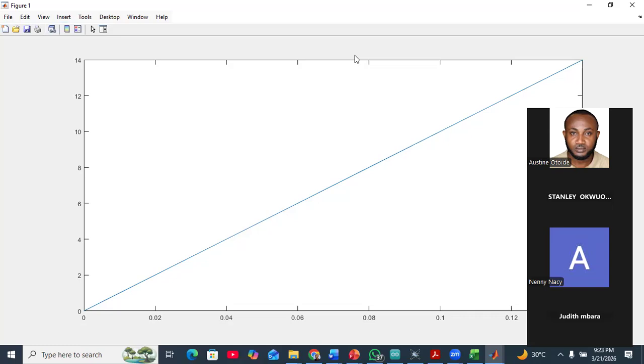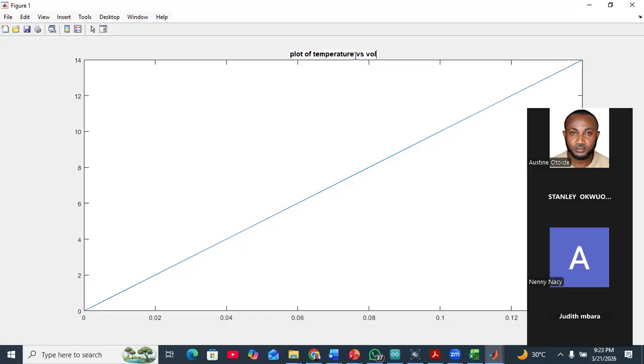And this is a plot of temperature versus voltage.